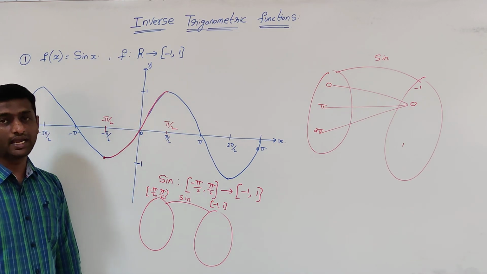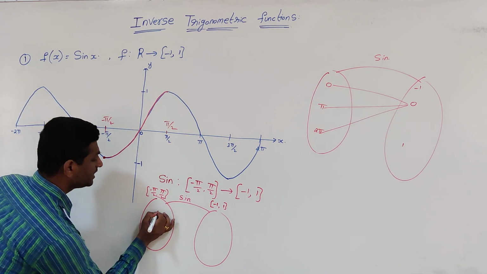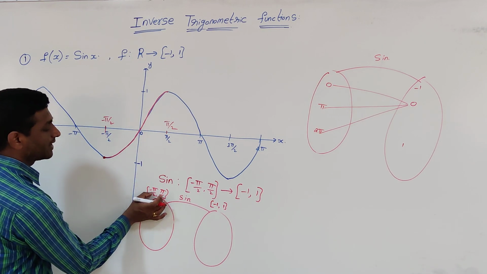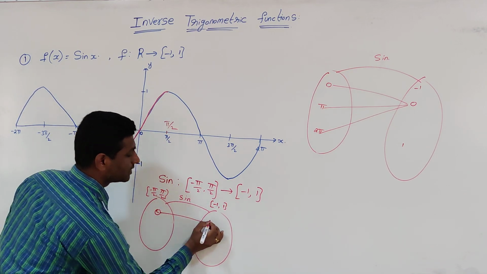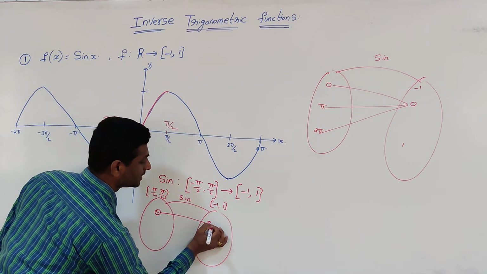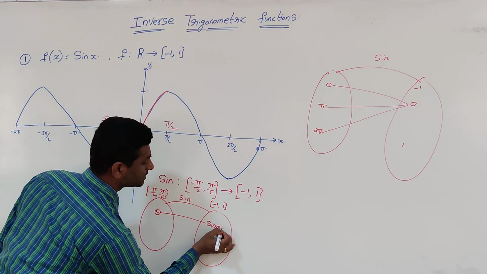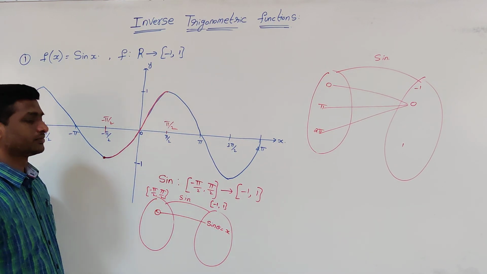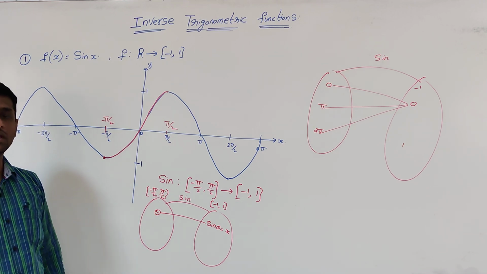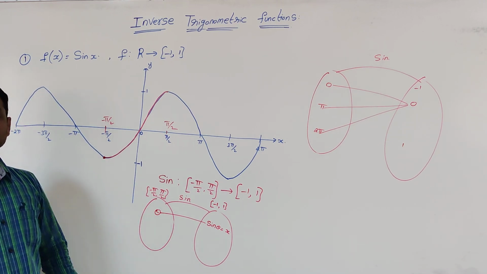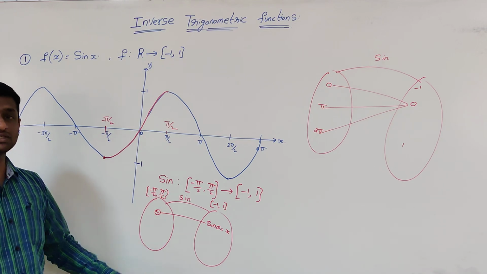If theta is an angle between minus pi by 2 comma pi by 2, there will be only one image, one output, that is x. Sin theta is equal to x. Now this is bijective.